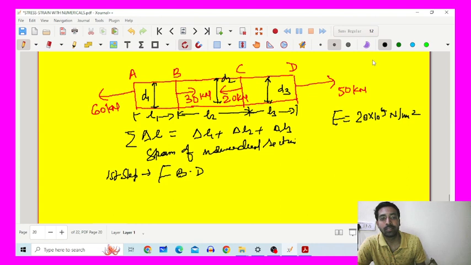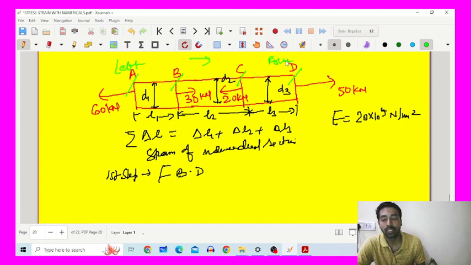Since there are different sections, let's suppose you see A, B, B, C, and C. Always start the problem from the left side and move to the right side.